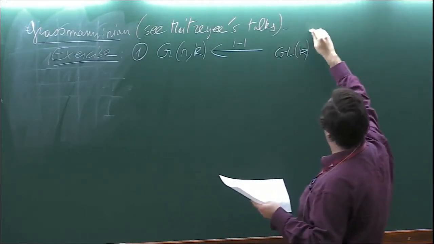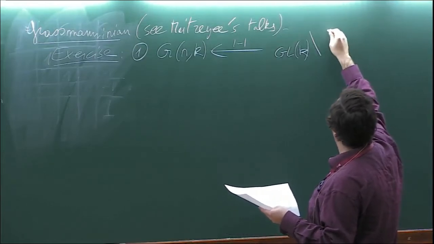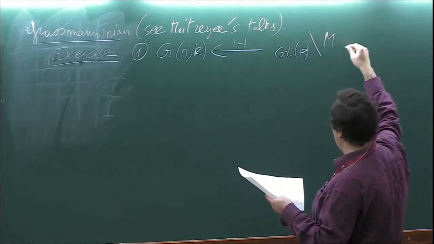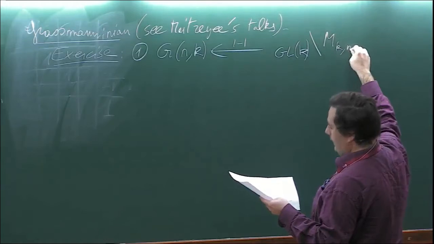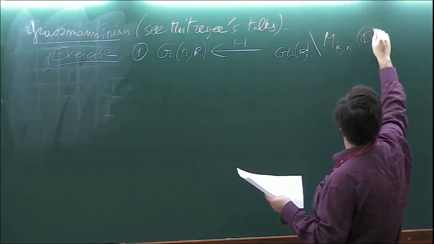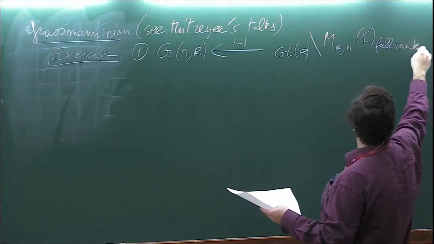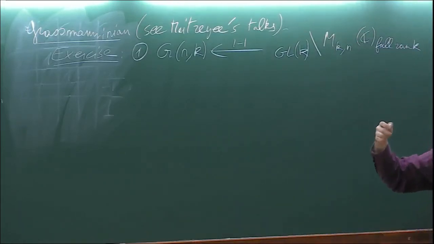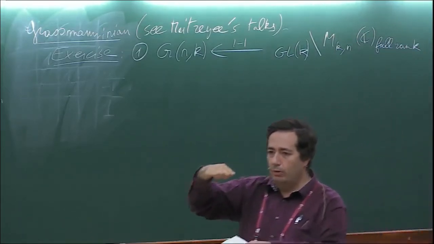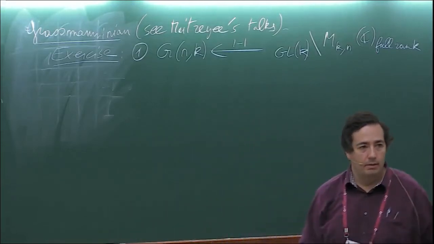So you take matrices. I don't know how to write matrices. Sometimes I write like that. I hope that you like it. So you take all full-rank matrices with n columns and with k rows. They span a vector space.